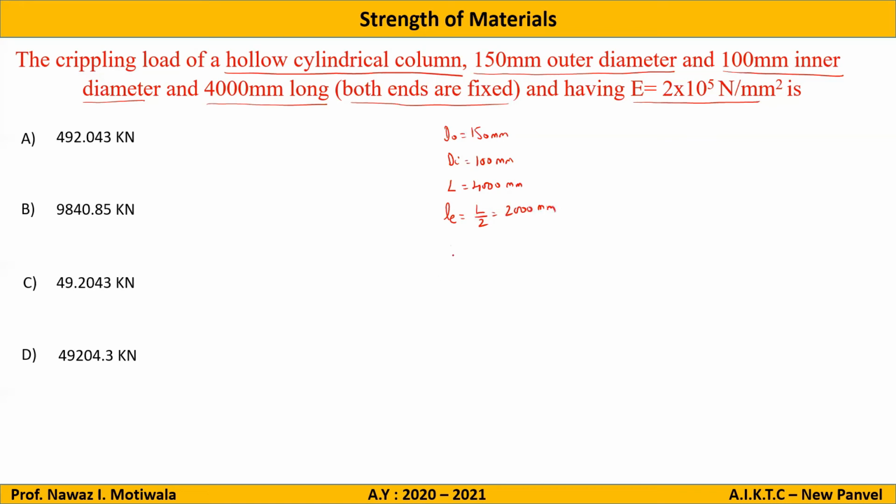The other thing given is E equal to 2 into 10 raised to 5 Newton per mm square. Now if I want to find the crippling load, I have the formula PCR is equal to pi square EI by Le square. So it will be pi square into E, where E is given as 2 into 10 raised to 5, into I. I is not given, but we need to calculate it. It is a hollow cylindrical column, so I is equal to pi by 64 into (150 raised to 4 minus 100 raised to 4).